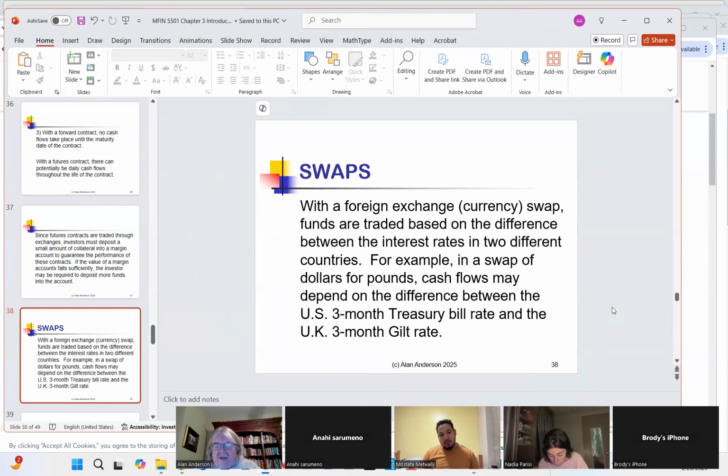Now, we're going to get more deeply into this later on, but there's a specific formula that you can use to calculate the forward exchange rate. It's based on the current or spot exchange rate and the interest rates in the two countries that are involved in that currency. So in other words, if I'm buying British pounds through a contract like this, the forward exchange rate depends on the current price of the dollar, the US rate of interest, and the UK rate of interest.